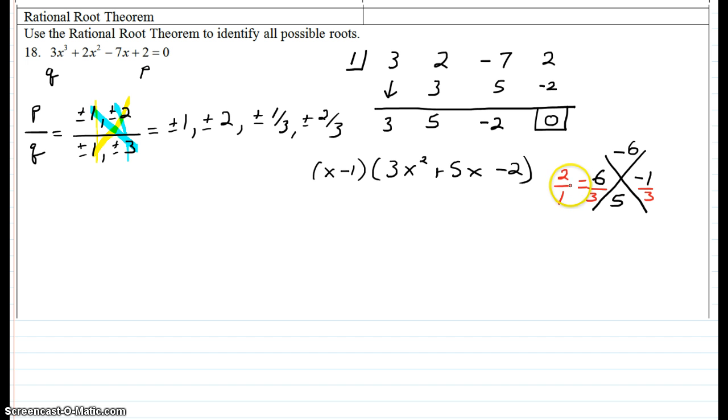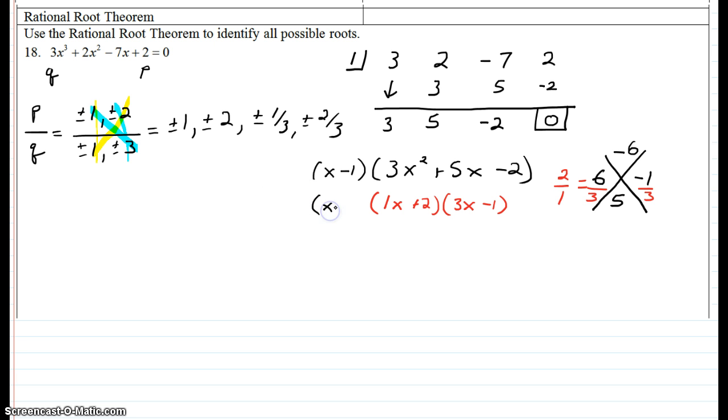And so now we take the 2 over 1, and we're going to write our factors. And so here, this 1 is our coefficient in front of the x, plus 2. This 3 is the leading coefficient here for this factor, so I get 3x minus 1.